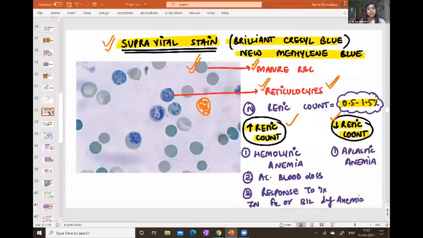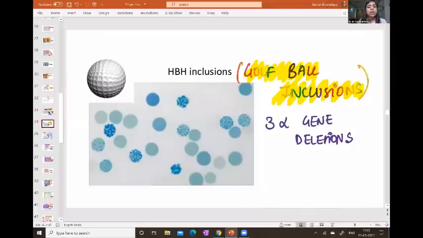Then on the special stain, that is brilliant cresyl blue or new methylene blue, the vital stain, what else can I see? Can you see in this image these bluish dots? If you have played golf, don't you think they look like a golf ball? A golf ball, if you have seen, is pitted, right?